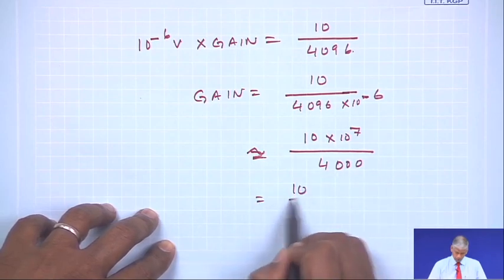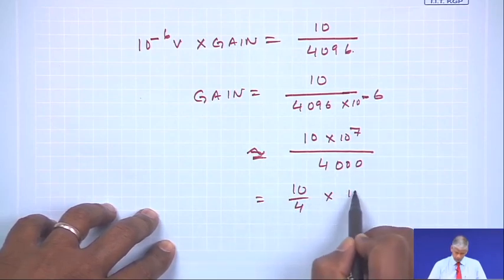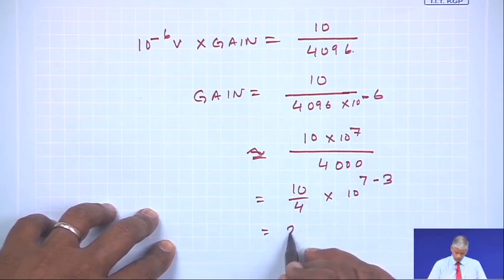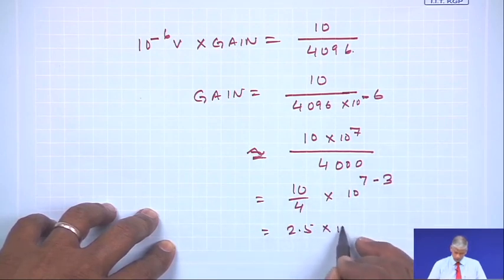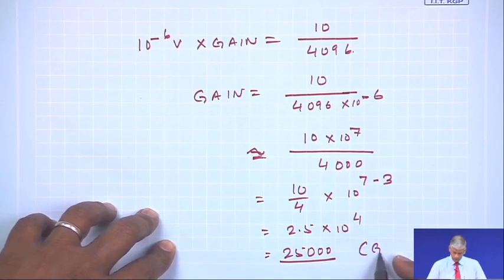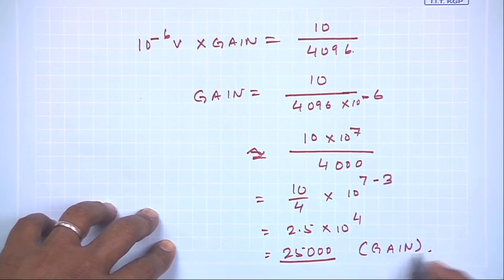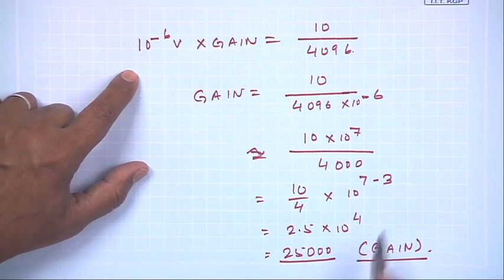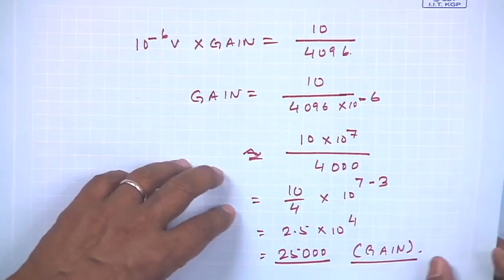So, 10 by 4 times 10 to the power 6 gives 2.5 times 10 to the power 6... that is, 25000 in the scale worked out here. You require such a high gain to sense 1 microvolt in a data acquisition system with 12 bits.